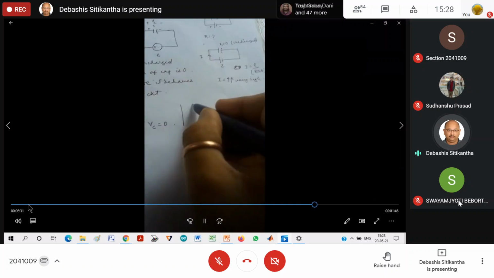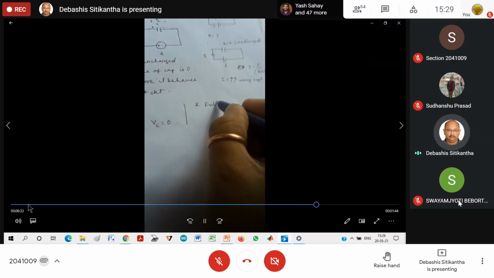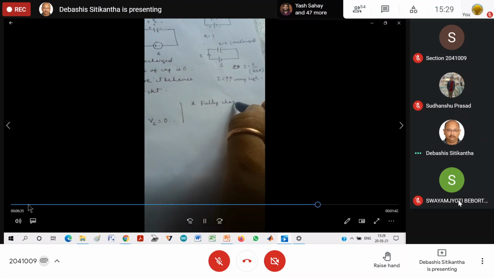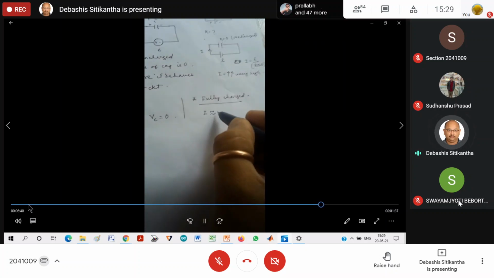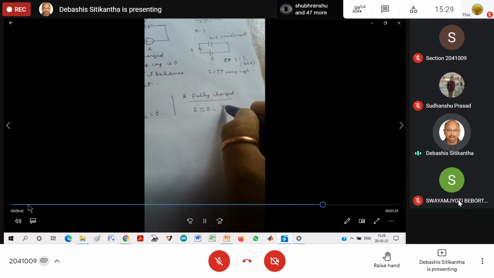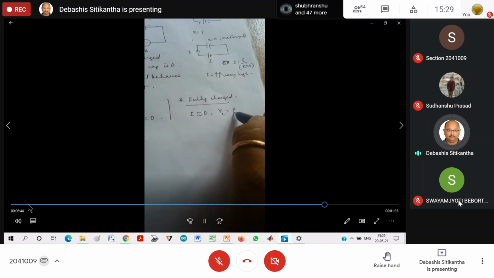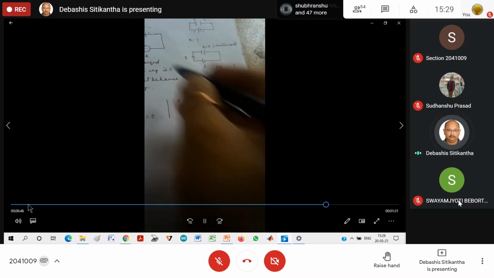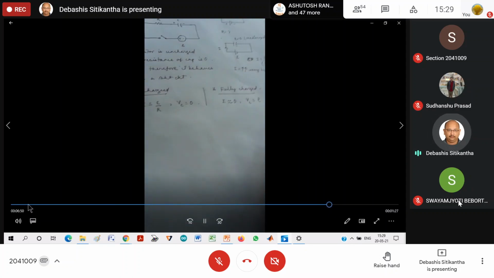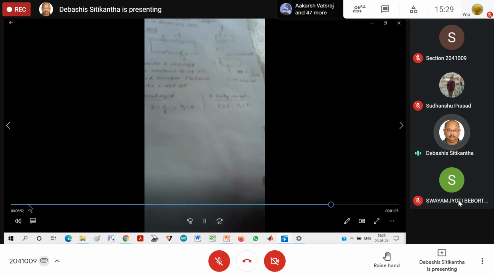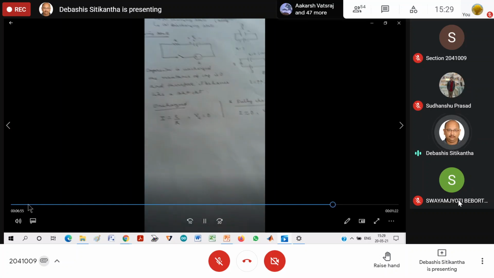When the capacitor is fully charged, in this case your I is almost equal to 0 and your Vc is going to be equal to the applied voltage across the capacitor, that is E in this case. So these two salient features need to be remembered. These are very important things to remember.